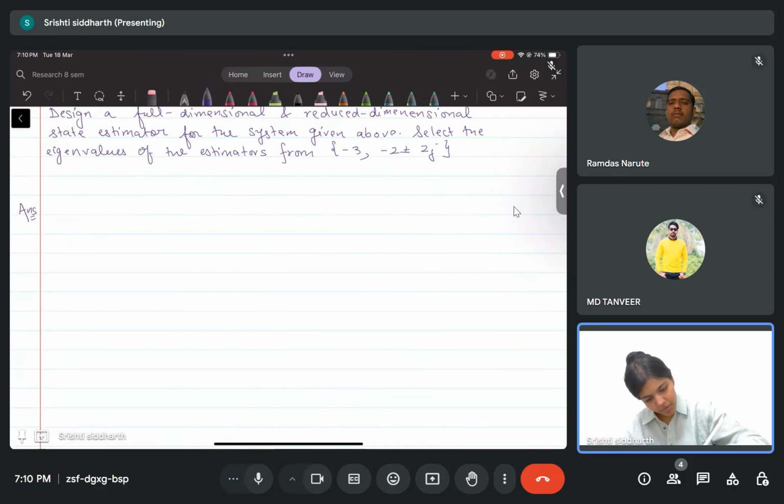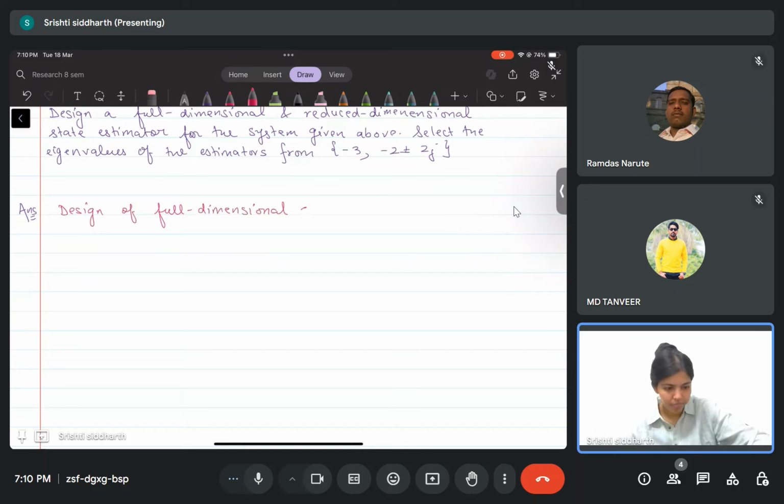Alright. So the first part is design of the full dimension estimator. The desired eigenvalues are -2 plus minus 2j.